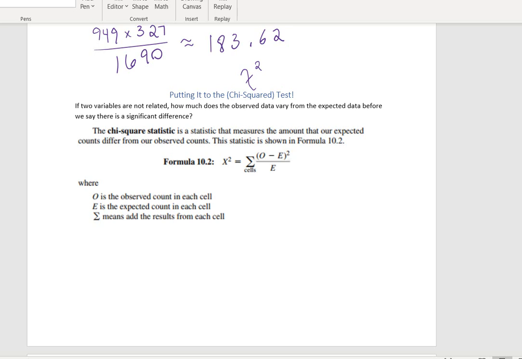So the chi-squared statistic is a statistic that measures the amount that our expected counts differ from our actual counts. What we're going to do is take the observed count minus the expected count, square it, divide it by the expected count, and do that for every single cell and then add them together.